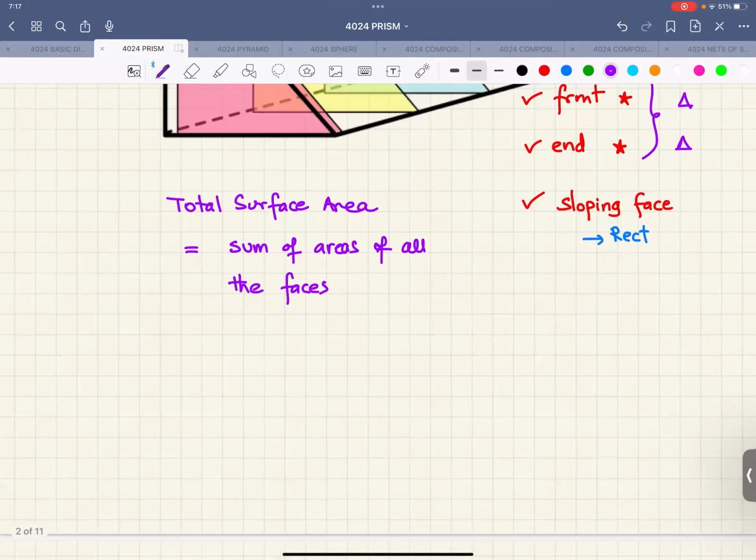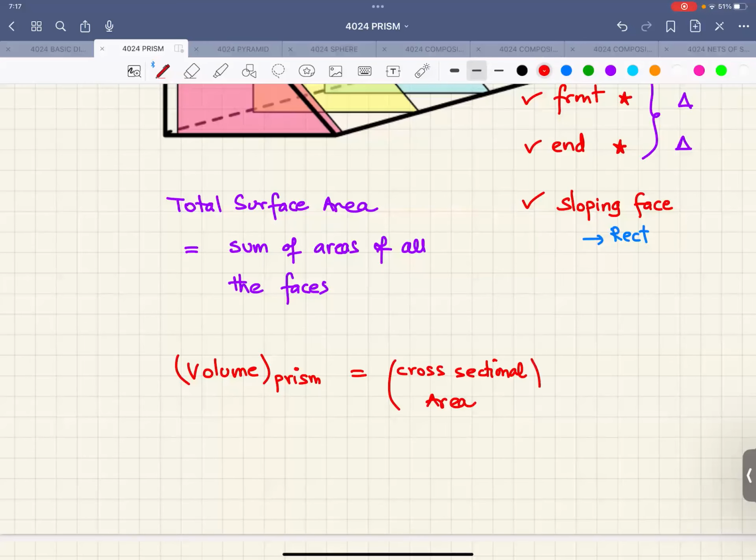Now, if I talk about the volume of any prism, the formula is straightforward. That is cross-sectional area multiplied by the height or the length. So cross-sectional area, we multiply it with the length or the height.